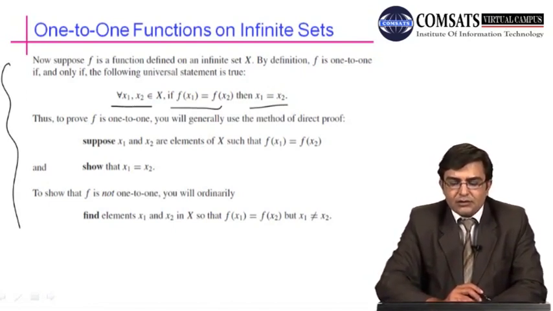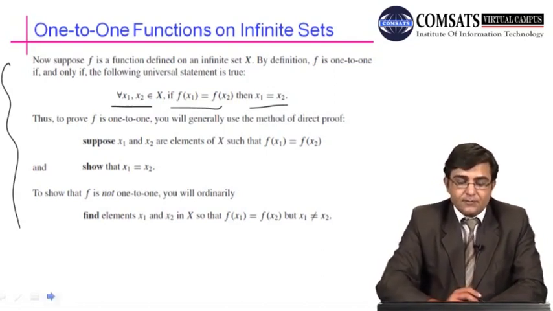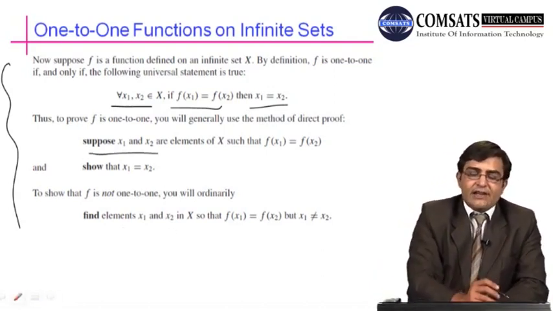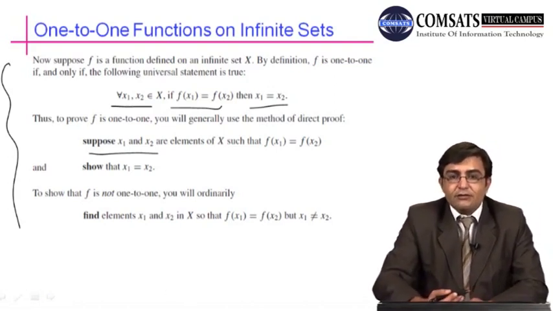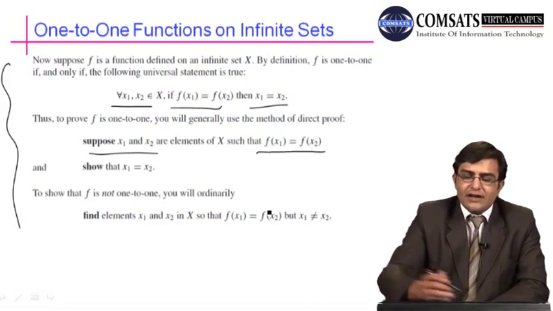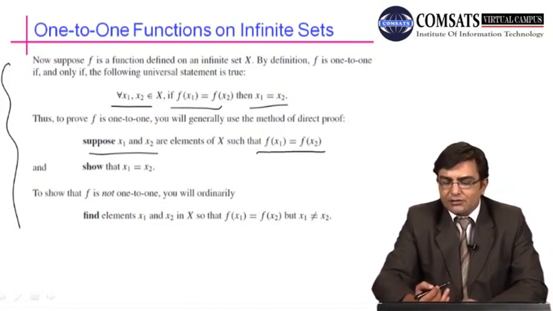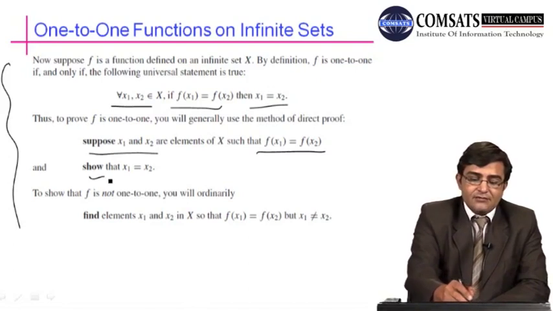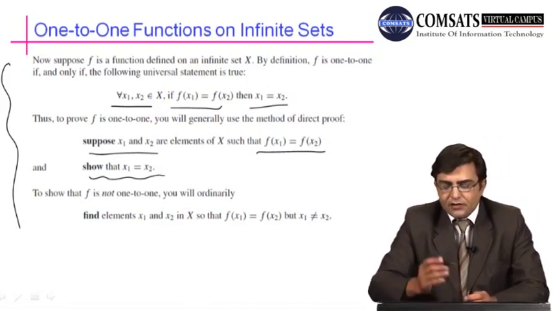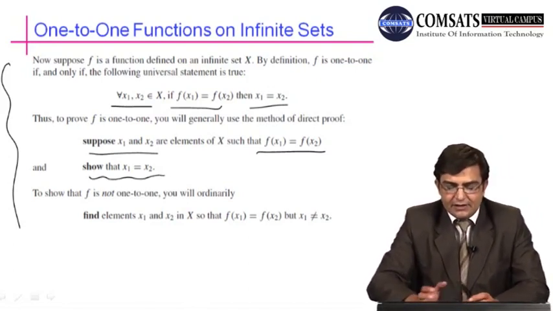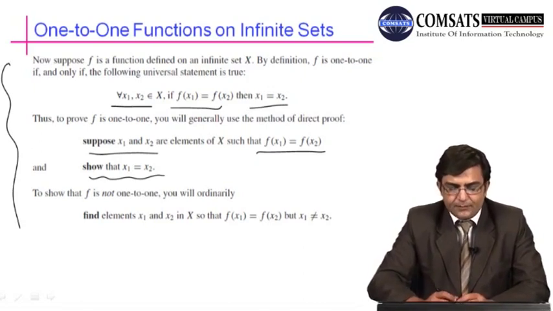So how to prove infinite functions to be one-to-one? First, we suppose that x1 and x2 are any two arbitrary elements of capital X, which is the domain of the function. We suppose that f of x1 is equal to f of x2, and then we show that x1 is equal to x2 by using some mathematical identities and results.